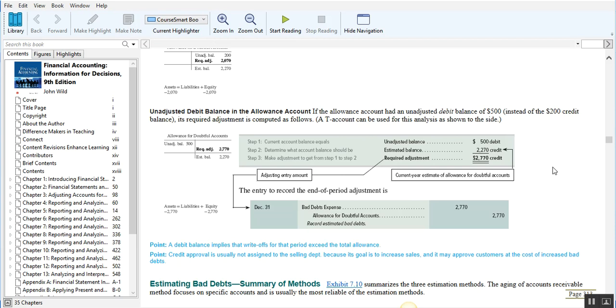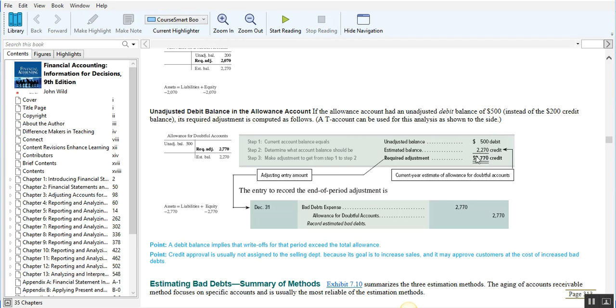So what we're actually doing now, instead of subtracting, we're saying how much more do we have to add to the account to bring it back to the 2270 credit that we anticipated. And the only way we're going to do that is we're going to add the 500 to the 2270. We're adding it because we have to essentially write off this $500 debit amount that's in the account. We've already written it off, but we basically need to bring that into this calculation so that we have the right balance.